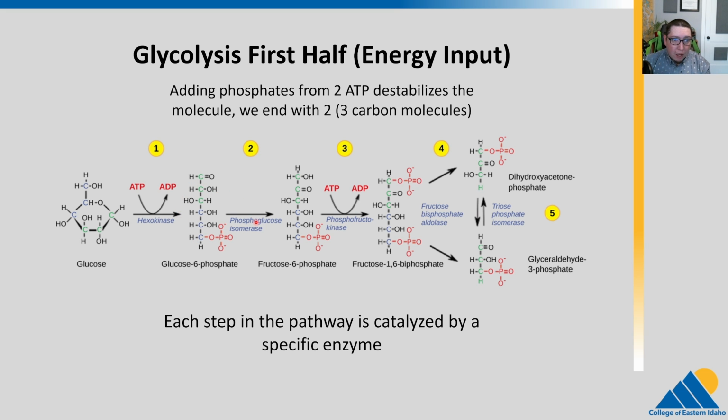Then this one does some other changes, and then this one adds another phosphate on there, so on and so forth down the line. Okay, what to take from that? Well, each of the steps is catalyzed by a specific enzyme. That's what I really want you to get from it. All right, so this is our investment phase. We've added phosphates from 2 ATPs and chopped it in half. We end up with 2 3-carbon molecules.